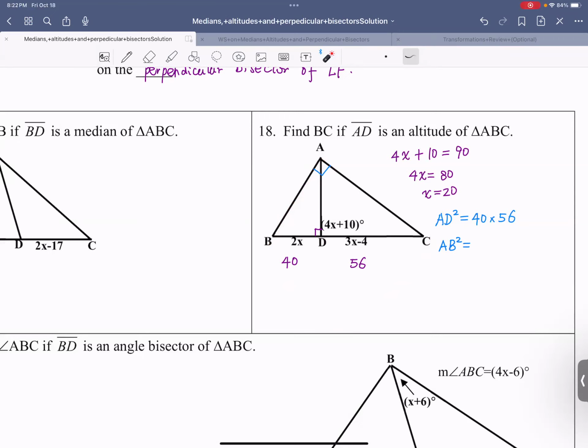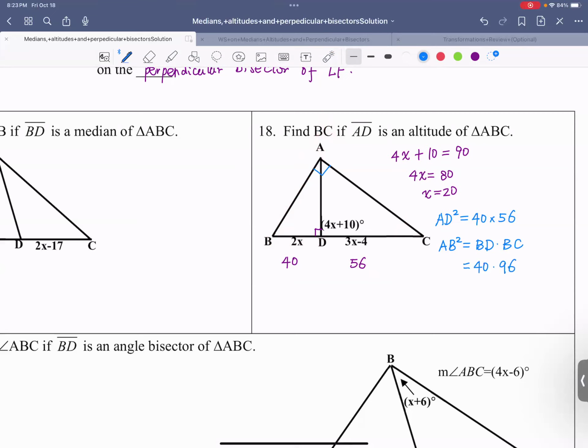AB squared is BD times BC. See, the light is going in this direction, and you can treat this guy's shadow to be here. That guy's square equals this shadow times the whole thing, okay? So BD is 40, and BC will be 96, right?